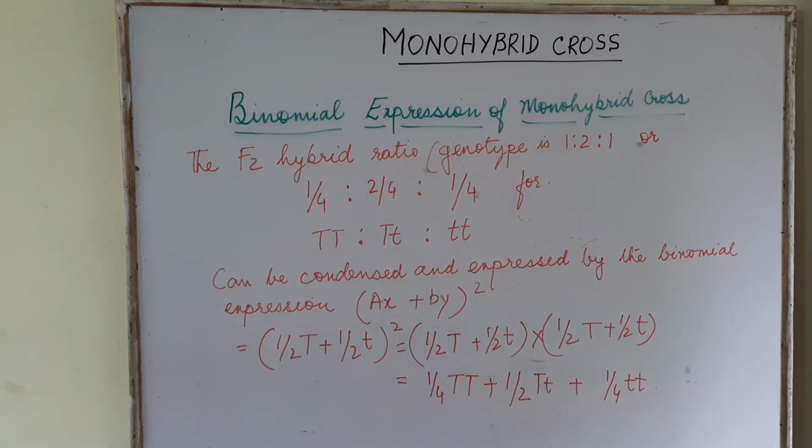So we get (1/2 capital T + 1/2 small t) whole squared. If we expand it, we get 1/4 capital T capital T + 1/2 capital T small t + 1/4 small t small t.